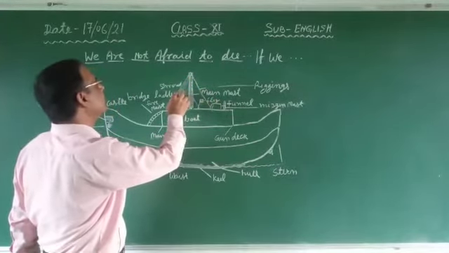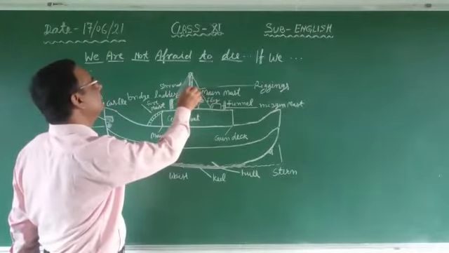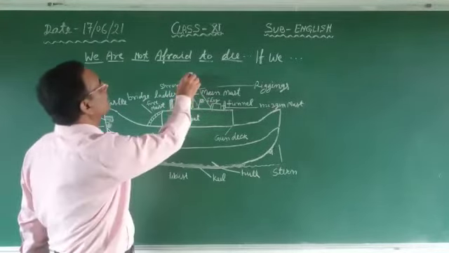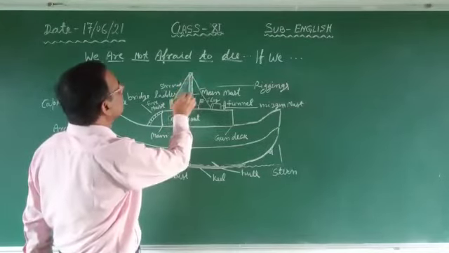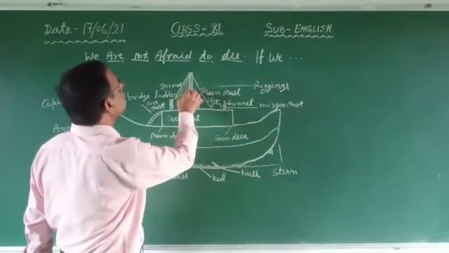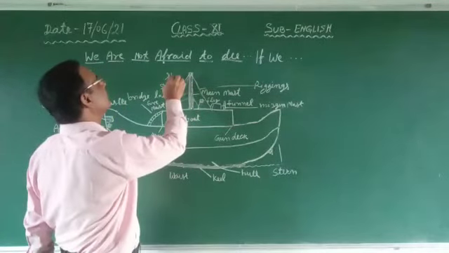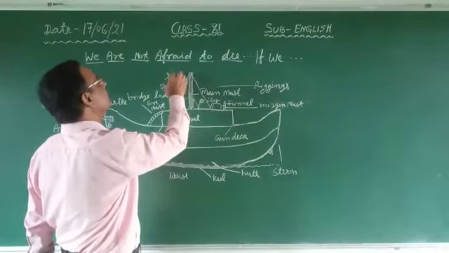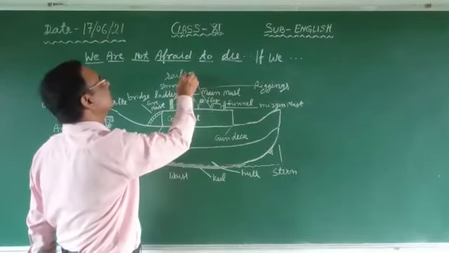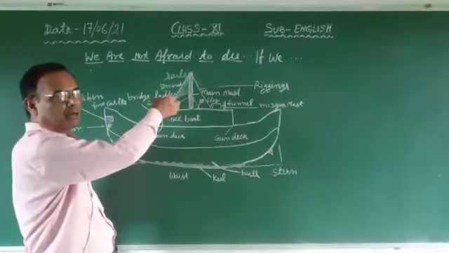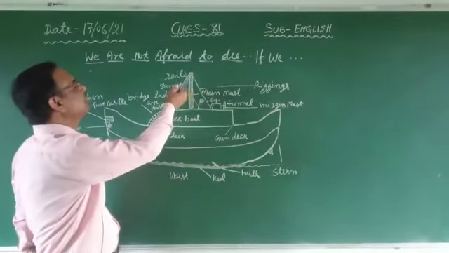They support the ship, the riggings and this mast. Between the riggings and the mast there is the shroud. The shroud is also known as sails. So between the riggings and the mast there are sails.